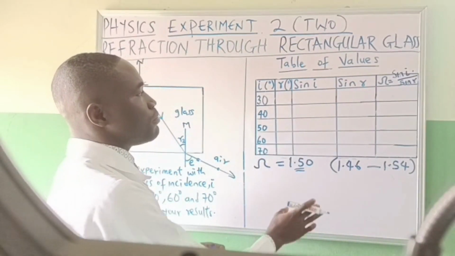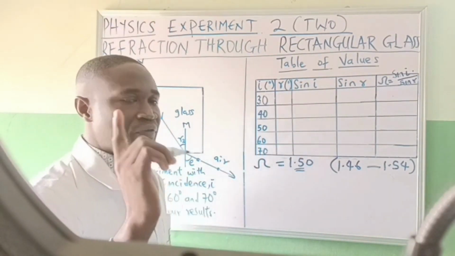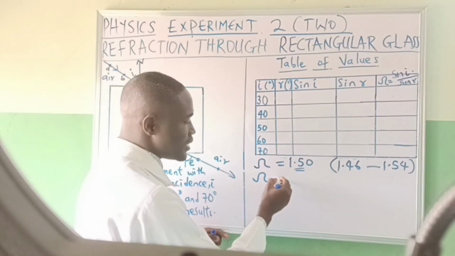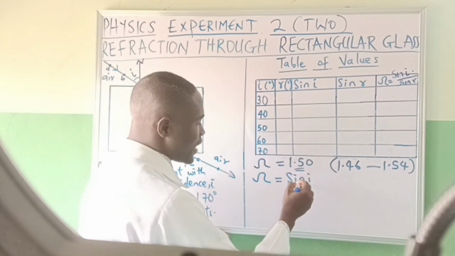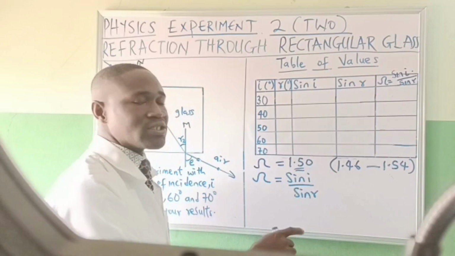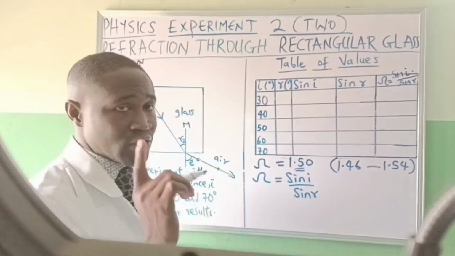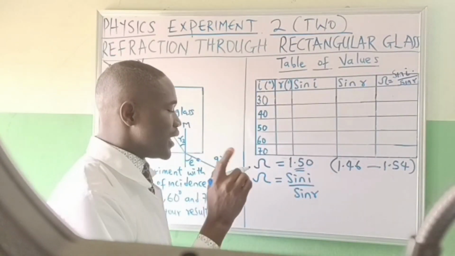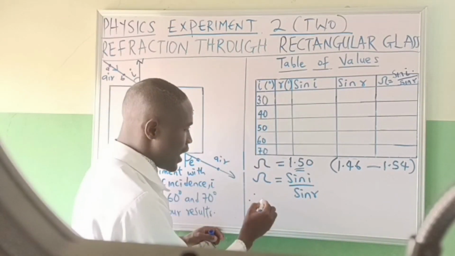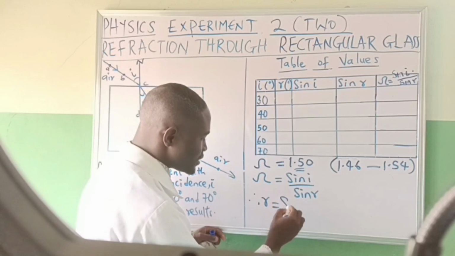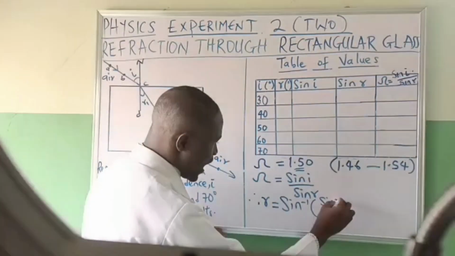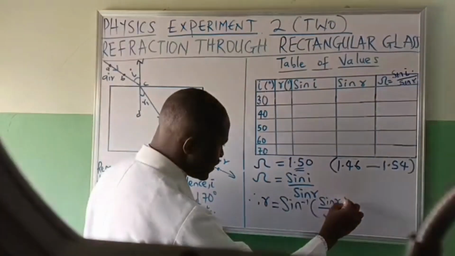Now, for you to complete this table, the first thing you need to know is that Snell's law states that refractive index is equal to sine i over sine r, that is, sine of incidence over sine of refraction. And so, therefore, there is need to get the value of r. r will be equal to sine inverse of (sine i all over refractive index).